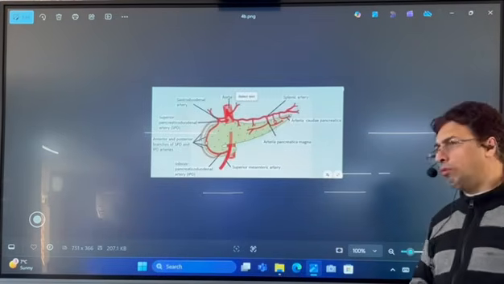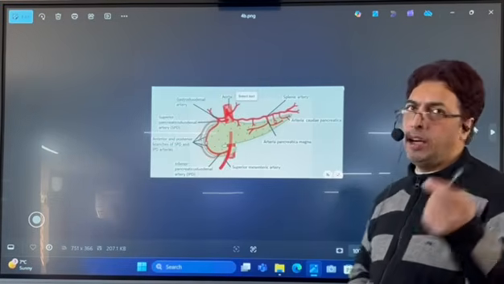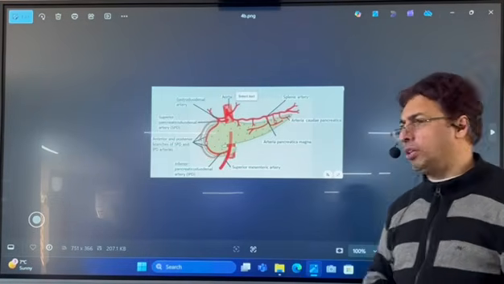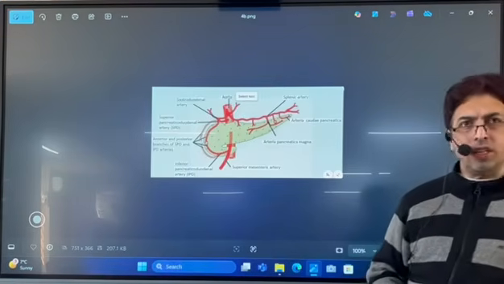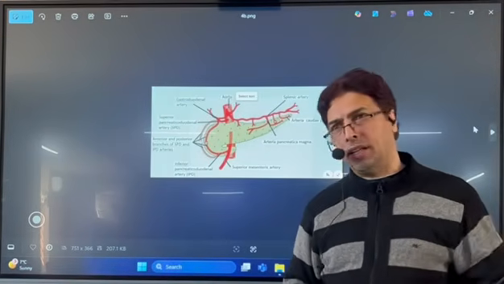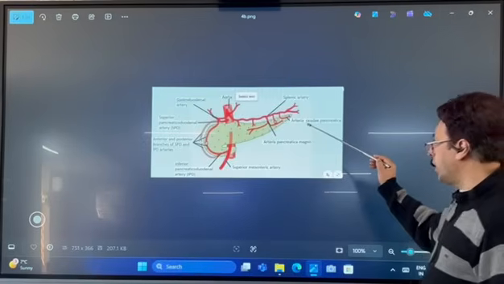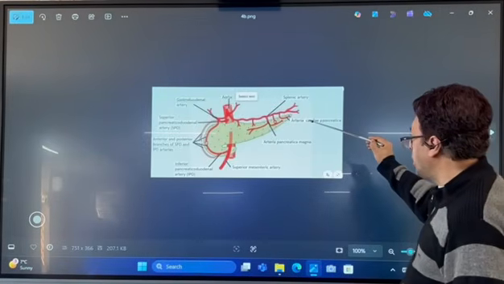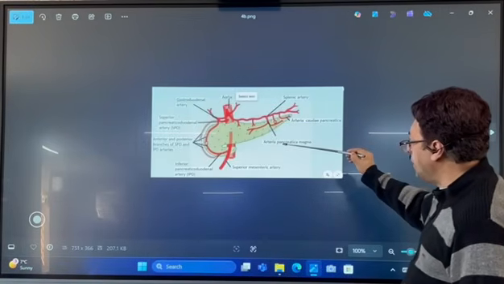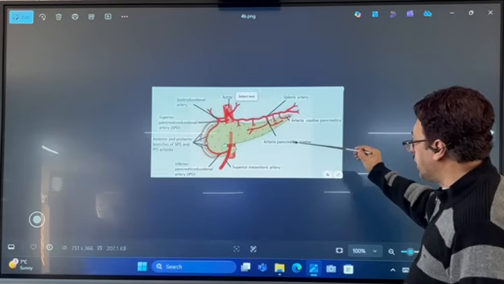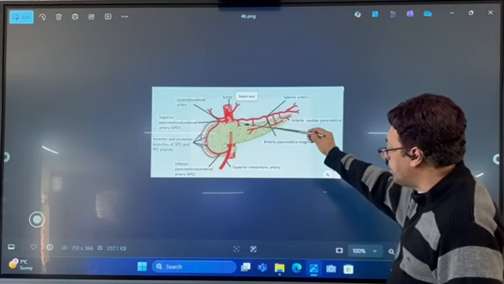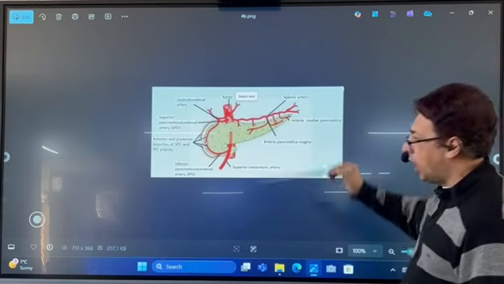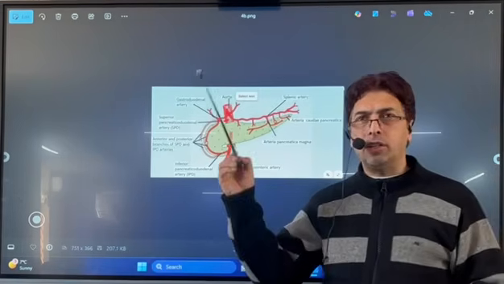Then we have one important artery at the terminal end, the arteria cauda pancreatica. Cauda means tail. You can see over here the well defined arteria cauda pancreatica, the arteria pancreatica magna, which is bigger, and the splenic artery giving multiple branches to the pancreas.